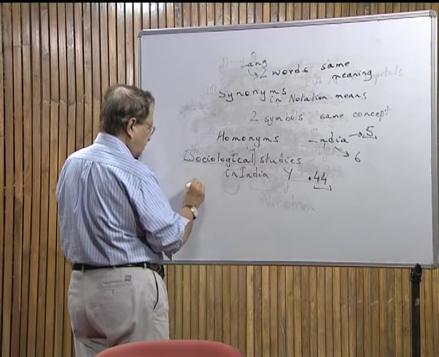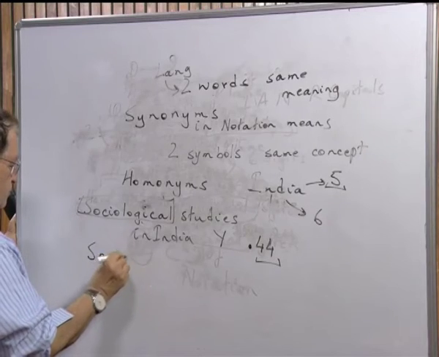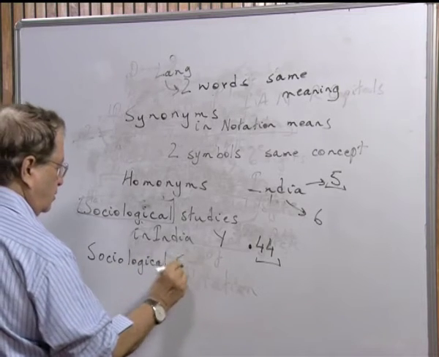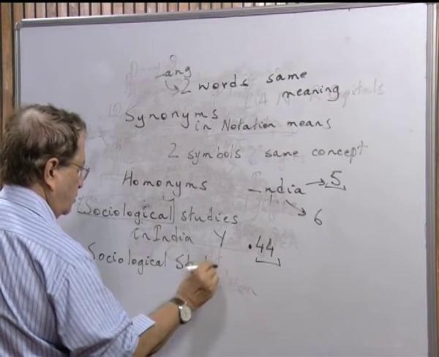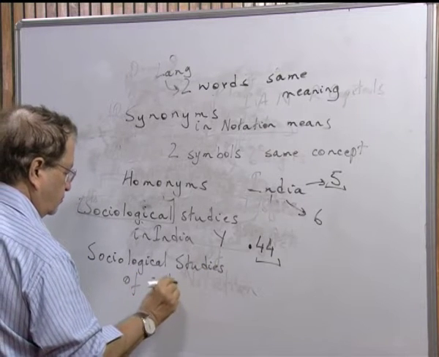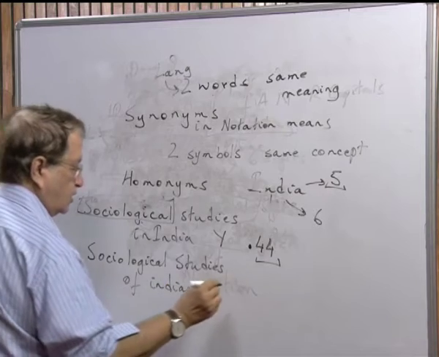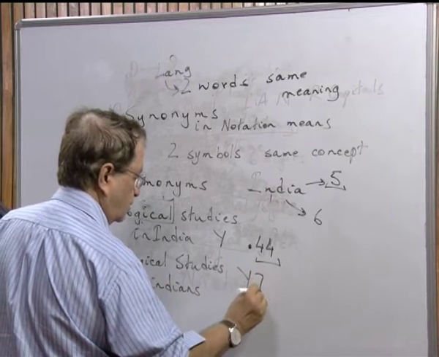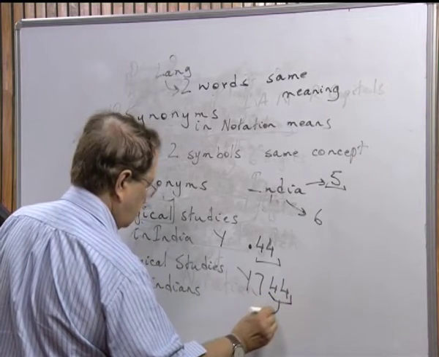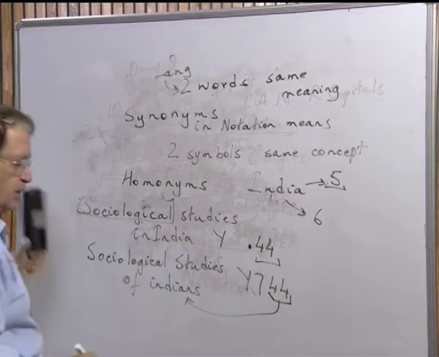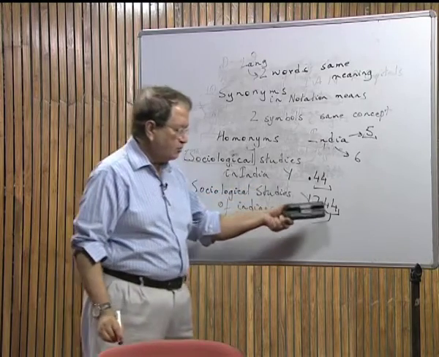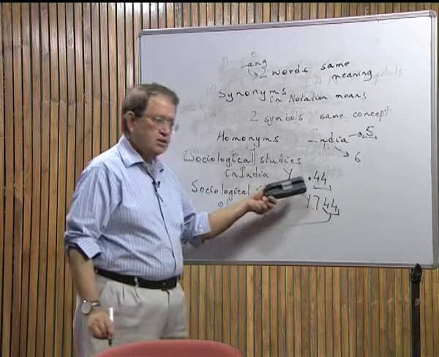If we have a similar title, sociological studies of Indians, then this still represents India, but here it represents Indians and here it represents India, but the symbol combination that we have used is the same.